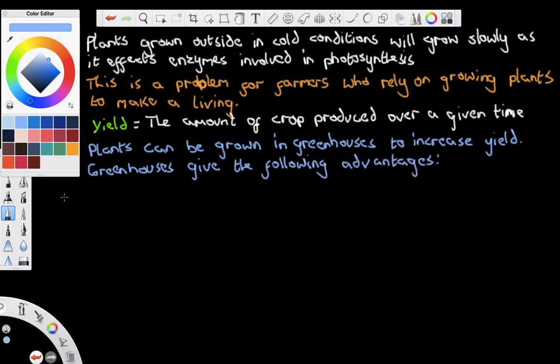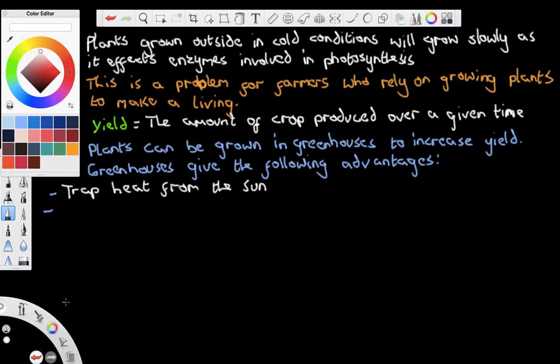The first advantage is that they trap heat from the sun. This is useful because if you're trying to grow plants outside, they get too cold. By trapping heat from the sun, the greenhouse warms it up so they grow faster.